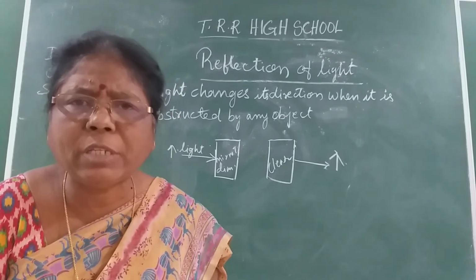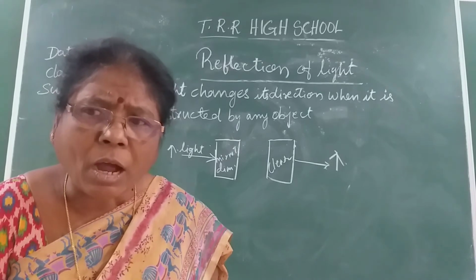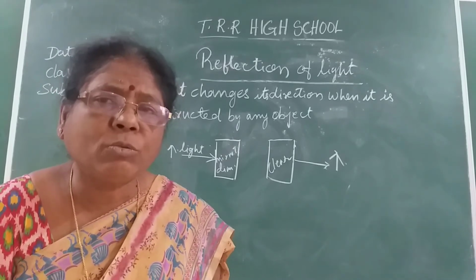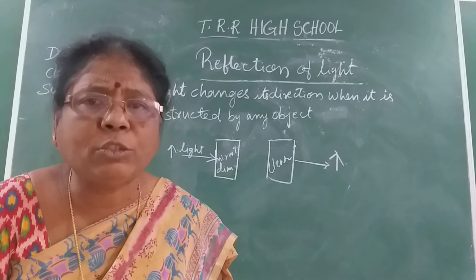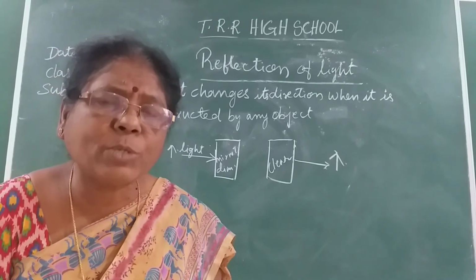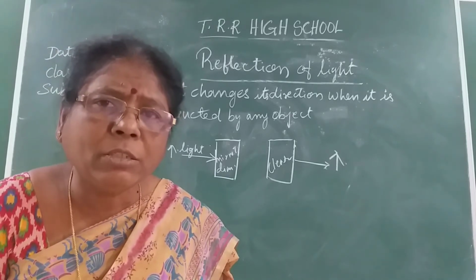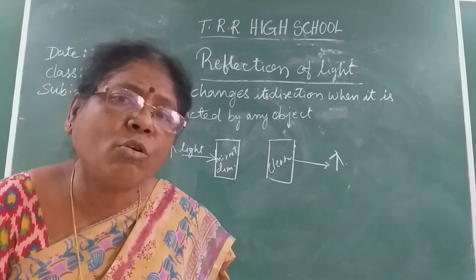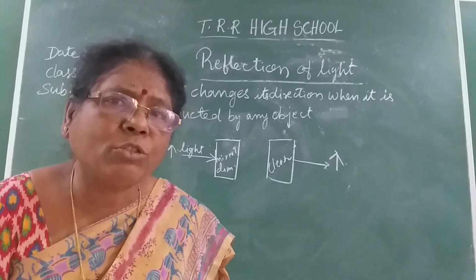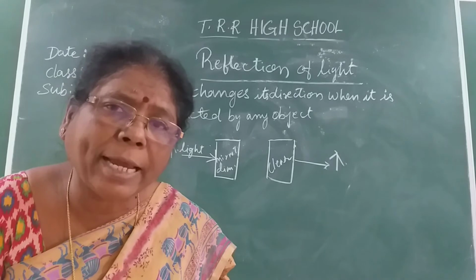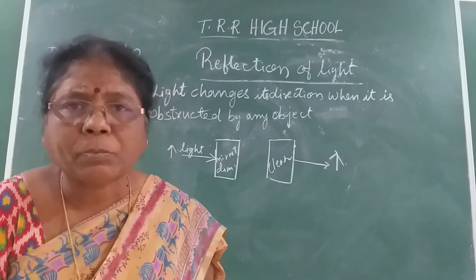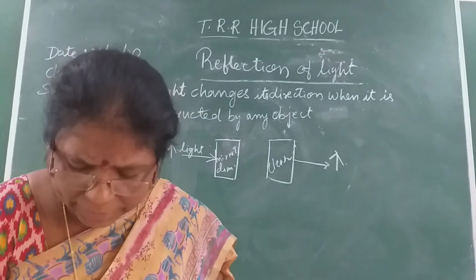At night we don't have sunlight, so how are the objects visible to us? What is the source of light here? We are using CFLs, bulbs, tube lights. Or sometimes when the current goes off, we use inverters, emergency lights or candles. These are the sources of light we use.